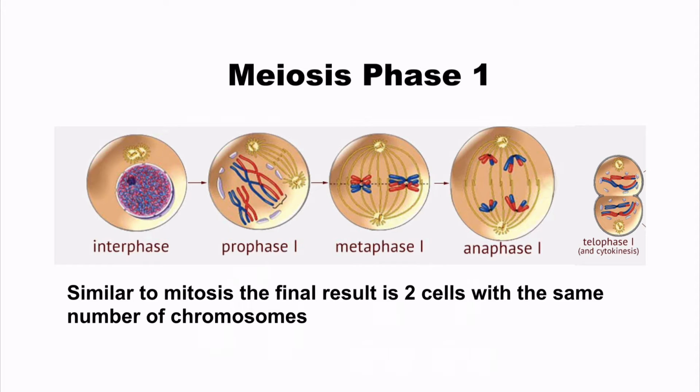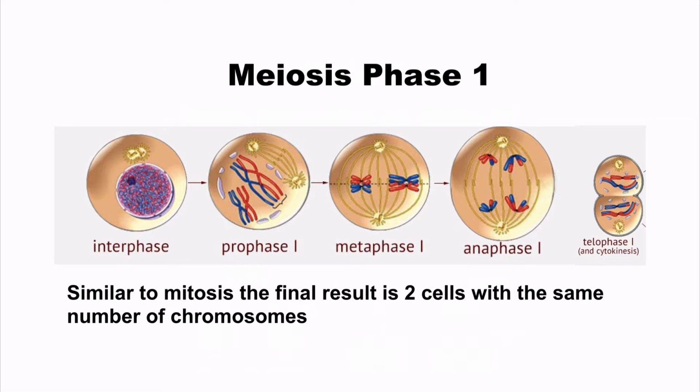Similar to my description of mitosis, I'm not one for all the nitty-gritty details, but our focus here with meiosis is really on the end product. You should know there are 2 phases. Phase 1 is very similar to mitosis. It produces 2 cells at the end with the same number of chromosomes.